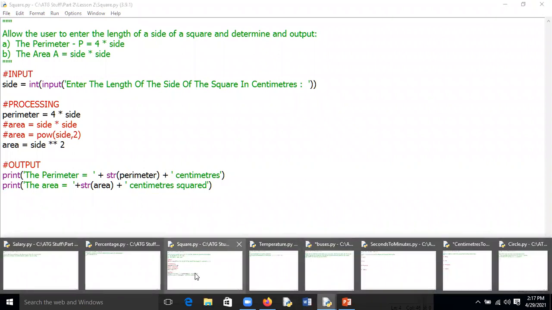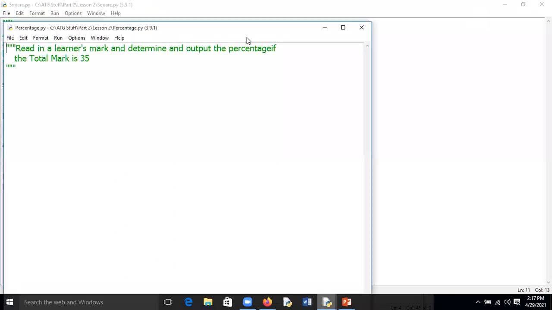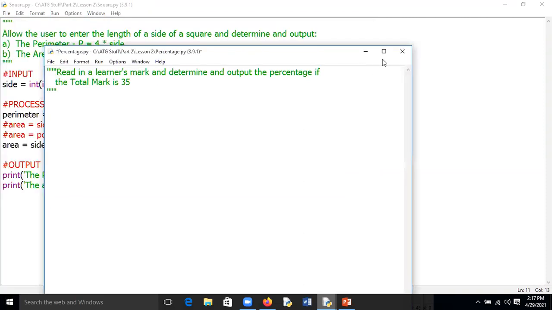let us look at something a little bit different, and that is going to be percentage. All right, now you basically have to read in a learner's mark and determine and output the percentage if the total mark is 35.